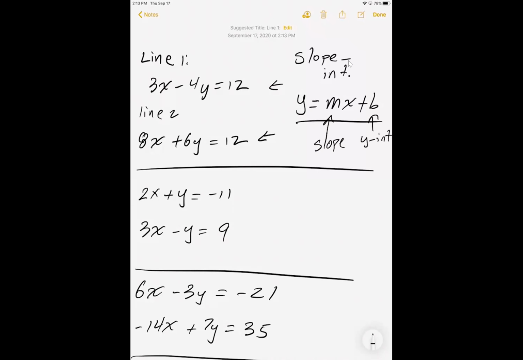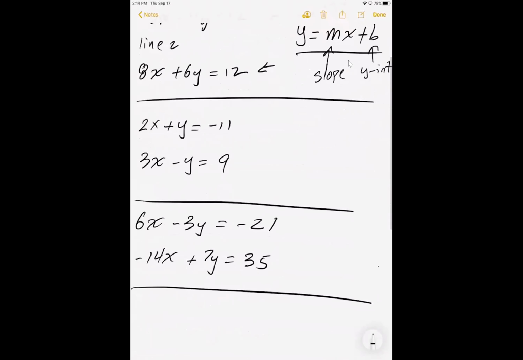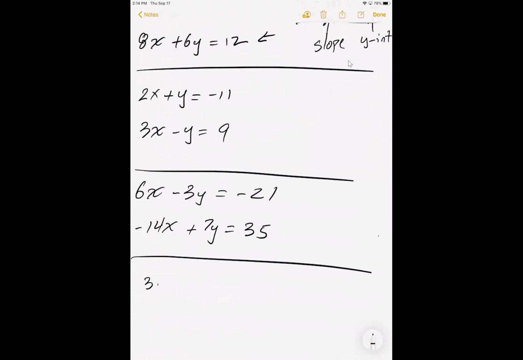That's why we call it slope-intercept form, because in this form we know exactly what my slope is and we know exactly what my y-intercept is. So let's take a look at the first problem: 3x minus 4y equal to 12.